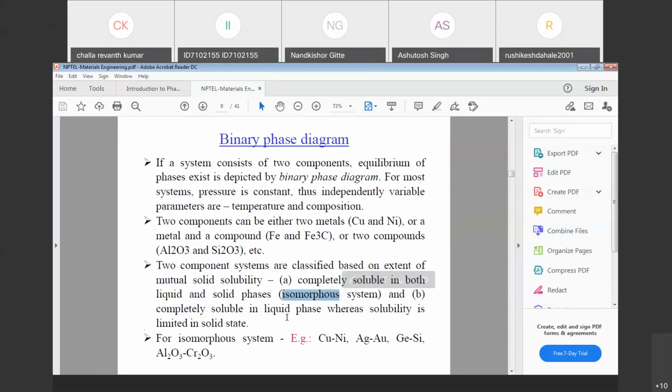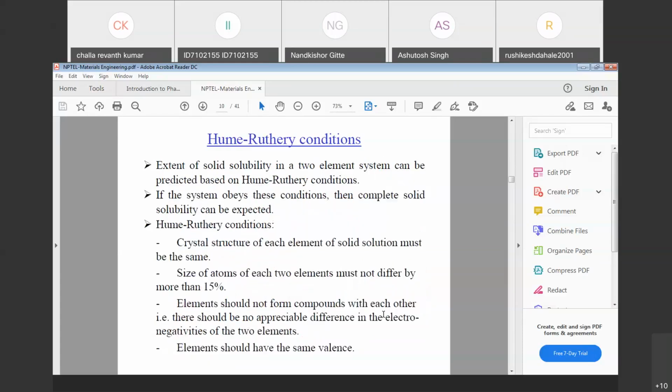In another case, they are not completely soluble in both phases. They may be soluble in the liquid phase, but there is some limitation in solubility when we discuss the solid state. So if the components are completely soluble in both liquid and solid phases, we call it an isomorphous system.